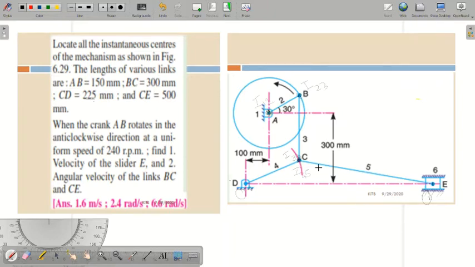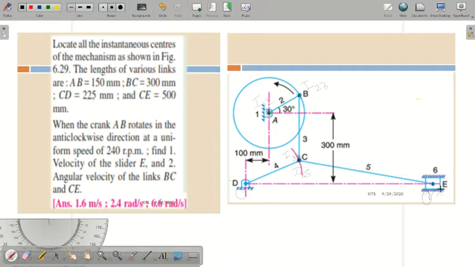These links, the second link, third link, fourth link and fifth link, are rotating or oscillating links. But number 6 is the piston. Piston cannot rotate or oscillate. Piston can just move front and back like this. So for the piston we cannot mark a single point as an instantaneous center.